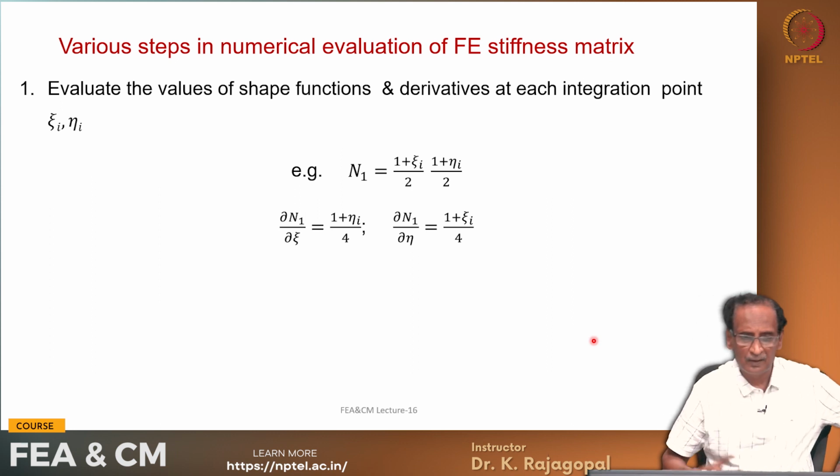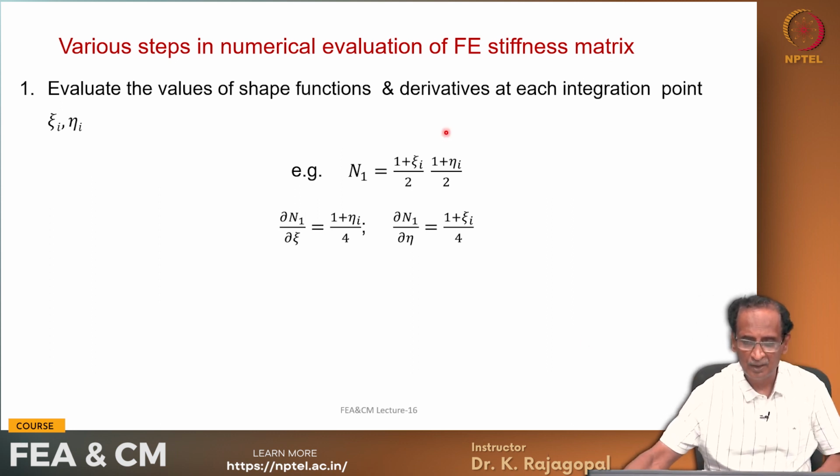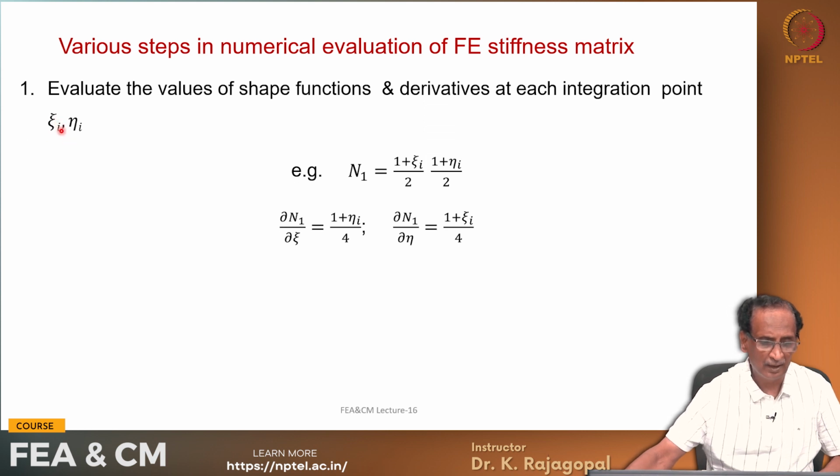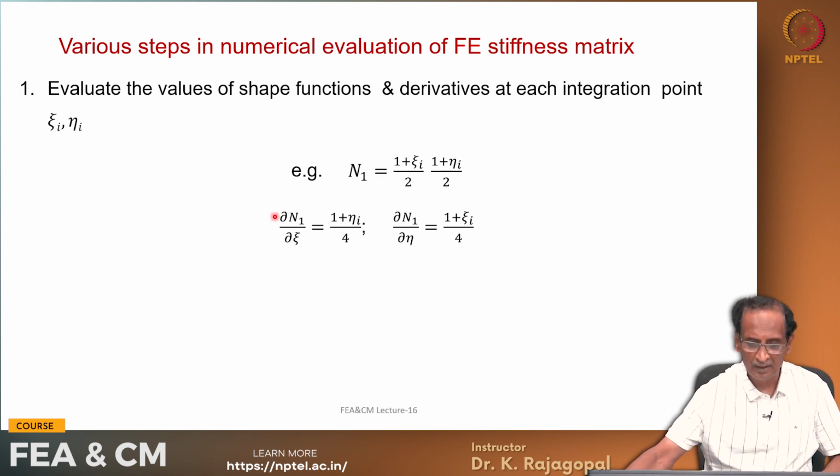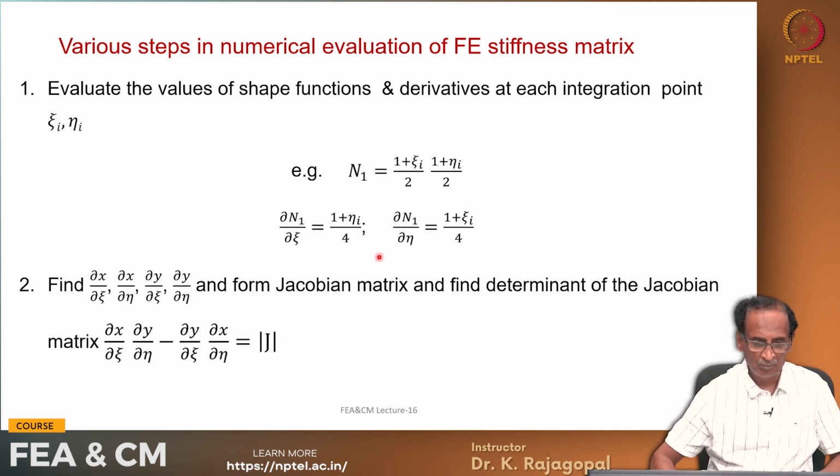So, these are the steps in our calculations. So at each integration point xi I, eta I, we need to get the shape function, and then we get the shape function derivatives with respect to xi and eta, and then we form the Jacobian matrix by determining dou x by dou xi, dou x by dou eta, and so on.